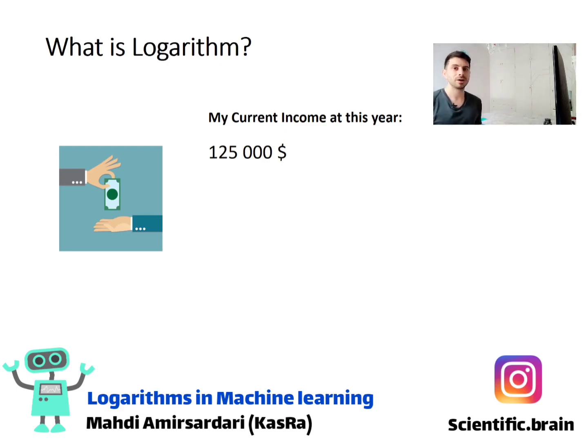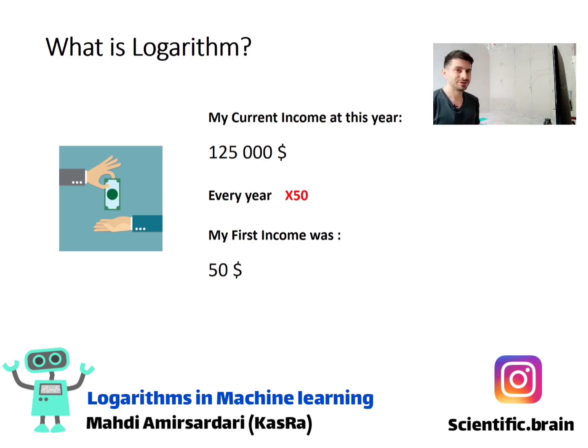Suppose that I'm hired in a company where my current income this year is $125,000. To encourage the employees, in fact, like me, they will multiply my income by 50. When I was hired at this company, my income was $50.